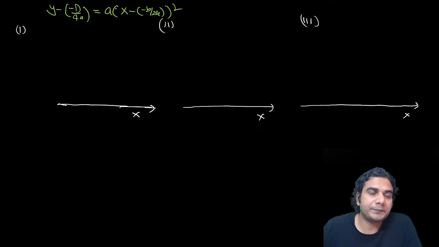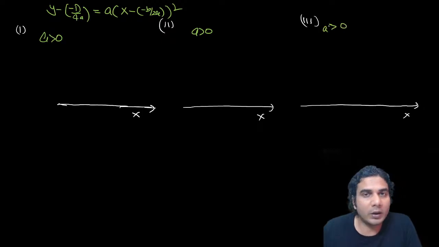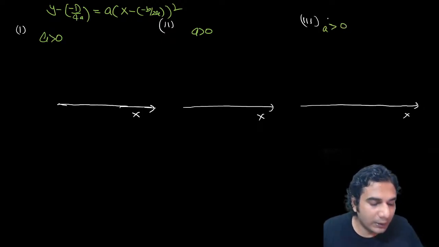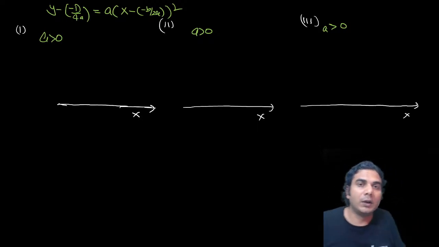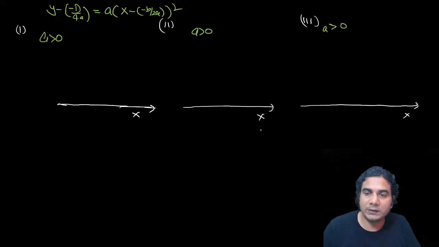Now let's see. In the first case, a is positive, so a is positive in all 3 cases. That means we are drawing the graph of upward parabola. All right. So by looking at the value of a, immediately we have come to know that graph will be upwards. Okay, it will be opening upwards. This is called the opening of the parabola. So it is upwards. All right.